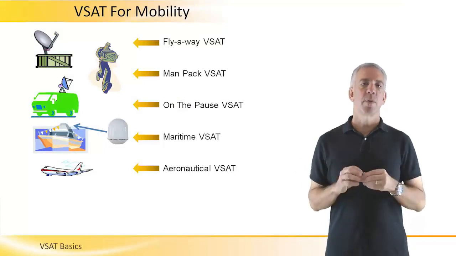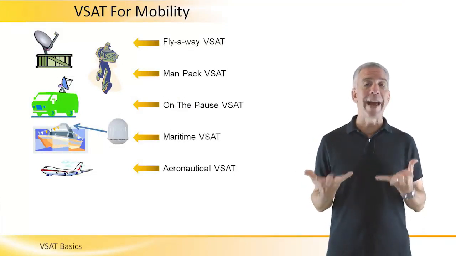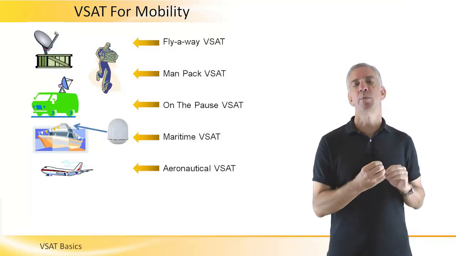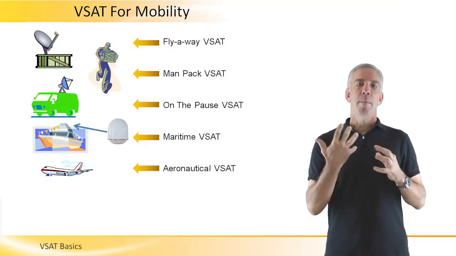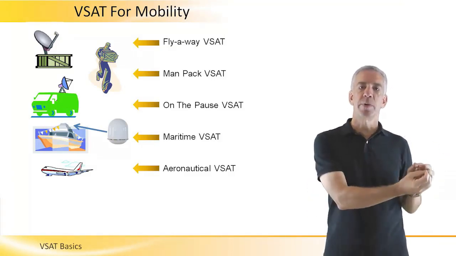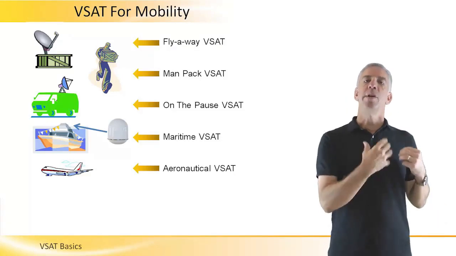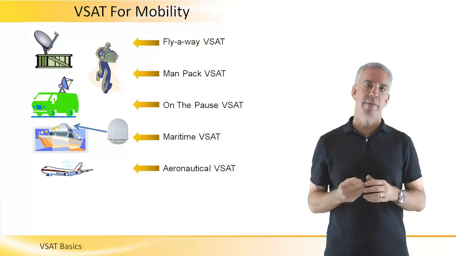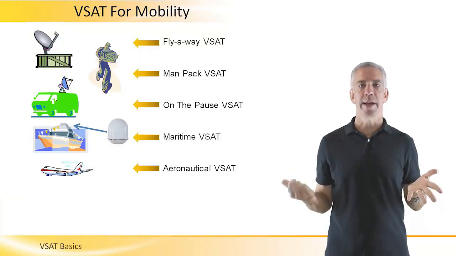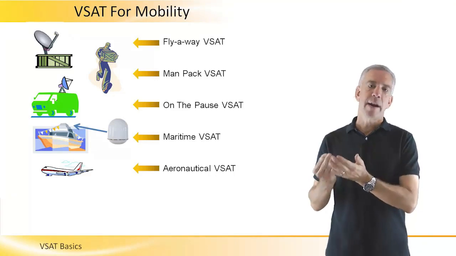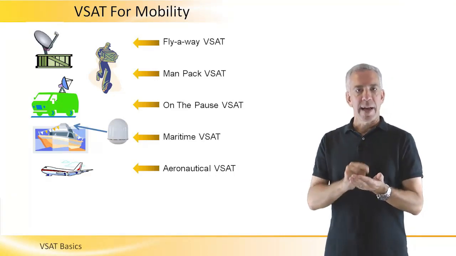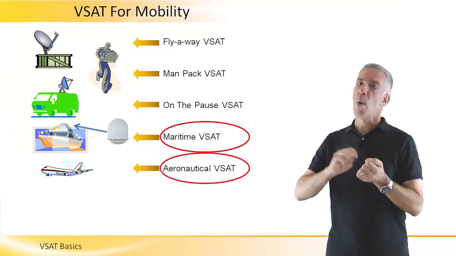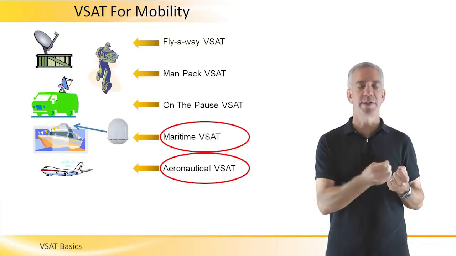VSATs are used for mobile applications, and there's really two ways that a VSAT can be used for mobile applications. One method is where the VSAT is moved or transported or carried to a location, it's set up and then used for communications. That's called on the pause. The other method for using VSAT for mobile communications is where the VSAT, while it is attached to a vehicle, a maritime vessel, or an airplane, while that vessel or vehicle is moving, it is always communicating.